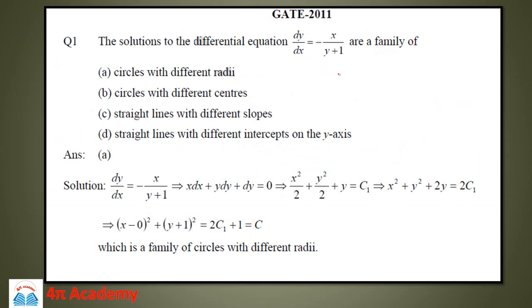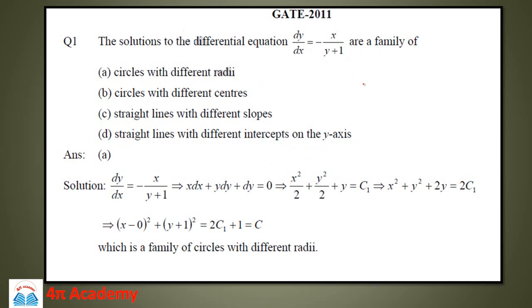Then the next problem was asked in GATE 2011 examination: the solutions to the differential equation dy by dx is equal to minus x upon y plus 1 are a family of, and the options given are circles with different radii, circles with different centers, straight lines with different slopes, straight lines with different intercepts on the y-axis.